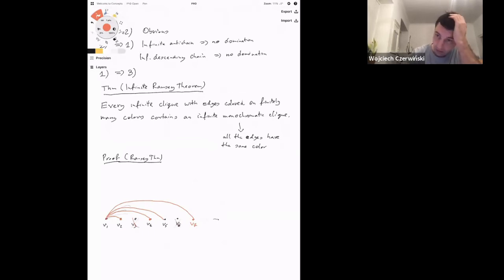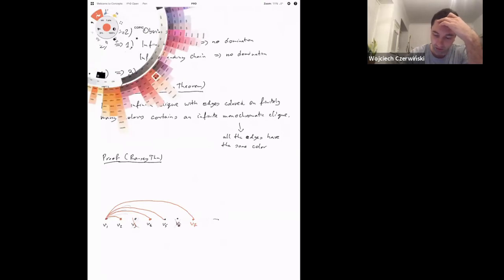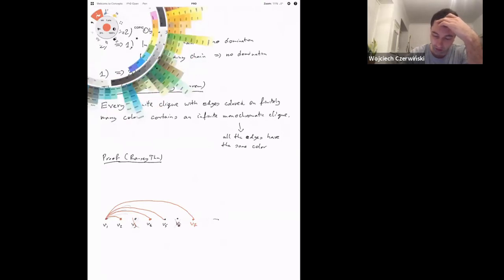Now, there are infinitely many vertices, but finitely many colors. So some color occurs infinitely many times. Maybe this is a different color, maybe a green one.